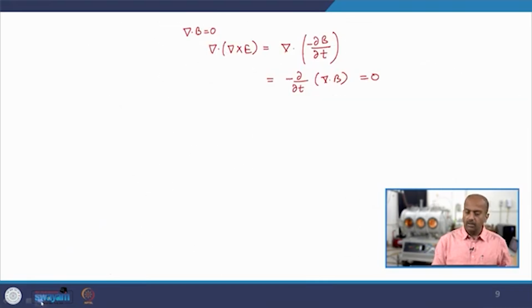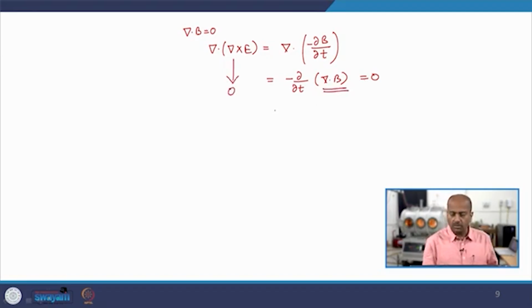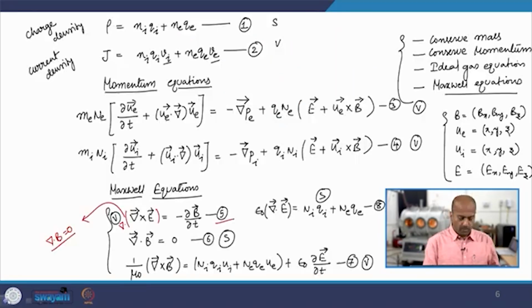Even if you do not know this, you know that this is 0. So, del dot B has to be 0. So, equation number 5 is conveying the same message as equation number 6, right.